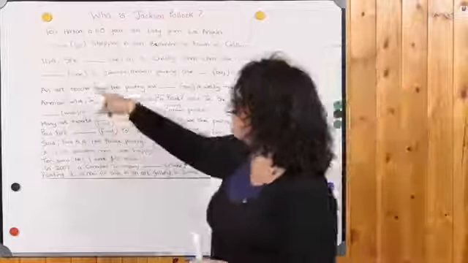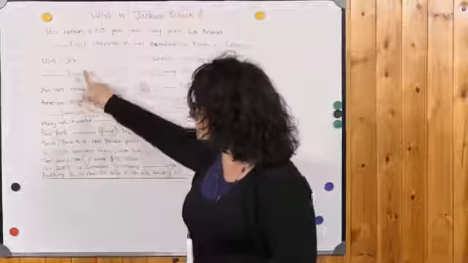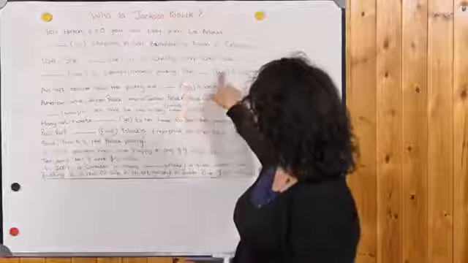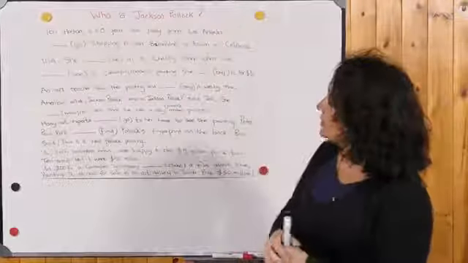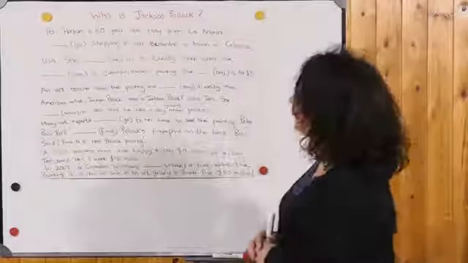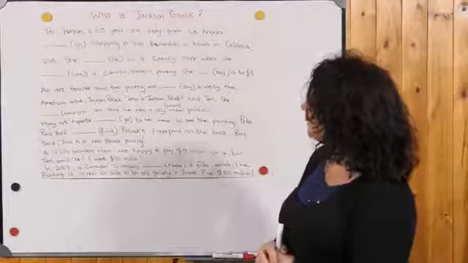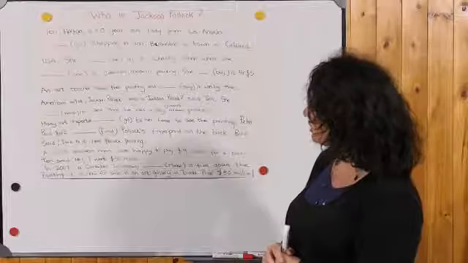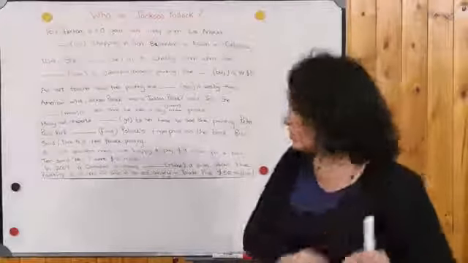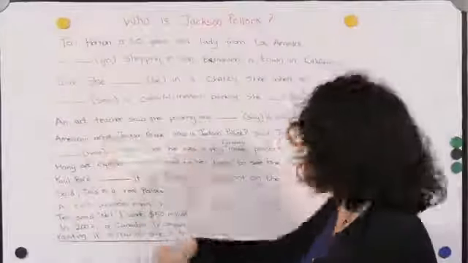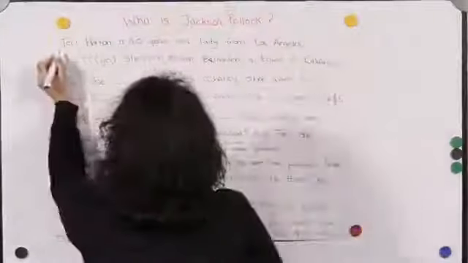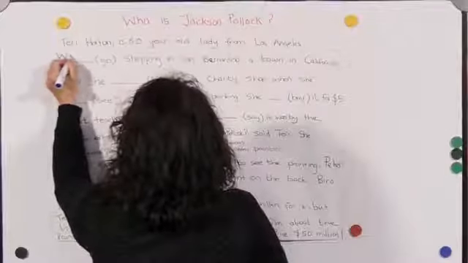And the verbs in the brackets are present simple, okay? Or the main verb. So then we have to change these, okay? So I'll read. Terry Horton, a 60-year-old lady from Los Angeles. So in the past, go, went. Very good.